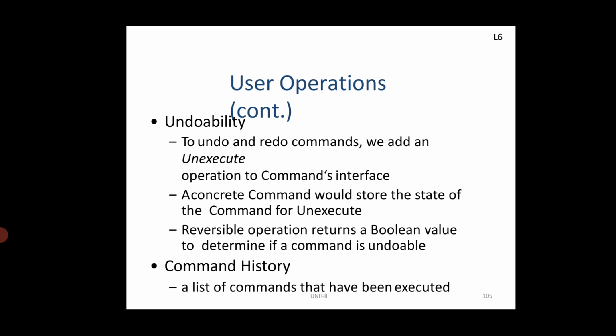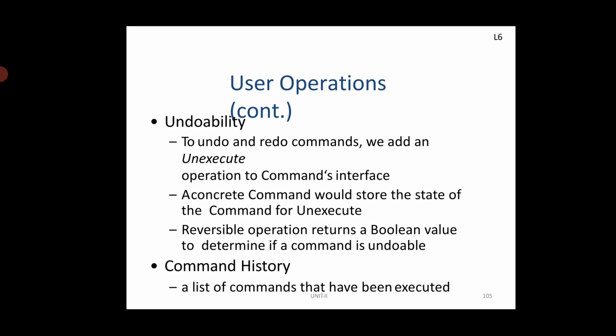Undo and redo are an important capability in interactive applications. To undo and redo commands, we add an unexecute operation to the command's interface, and unexecute reverses the effect of a preceding execute operation.